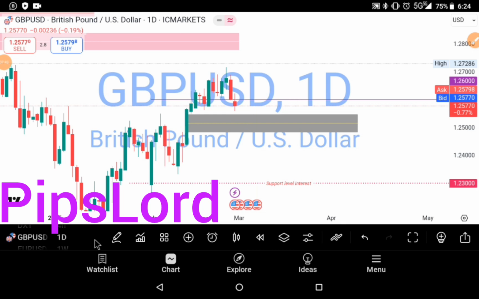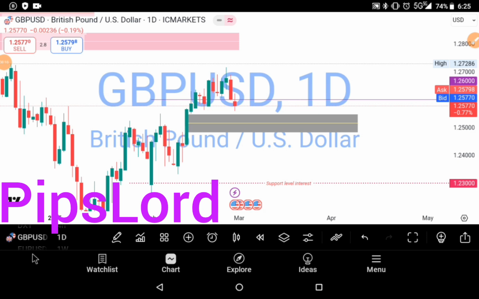If 1.25 thousand could hold the price and serve as a support, then I'm going back up. But the moment 1.25 thousand has been broken to the downside and serves as a resistance to the price, then I'll be watching the market price gravitating into 1.24 thousand.